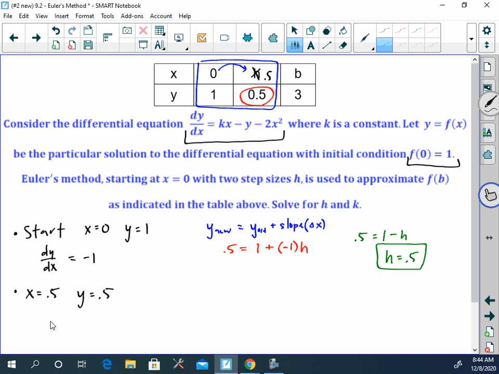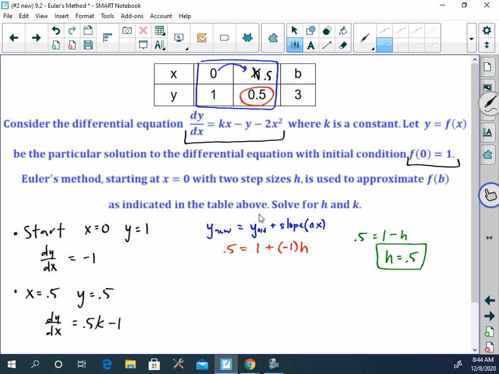Good. And then you do slope for that as well, but the k won't go away. So you'll end up with 0.5k or k over 2 minus 1. So that's just plug in 0.5 for the x and 0.5 for the y.